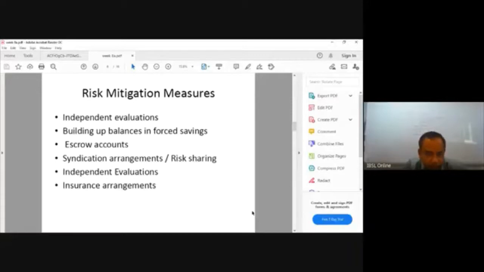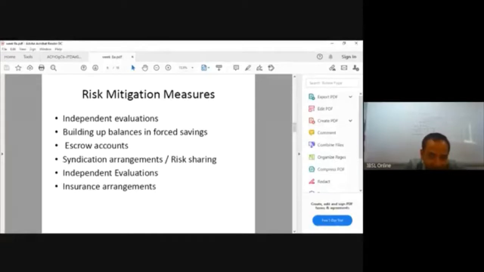You all know the difference between this comprehensive cover and third-party cover. Why are you asking for a vehicle's comprehensive cover? What is the disadvantage if a customer has taken third-party cover? Tell me.